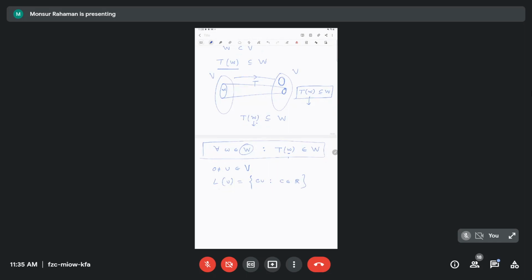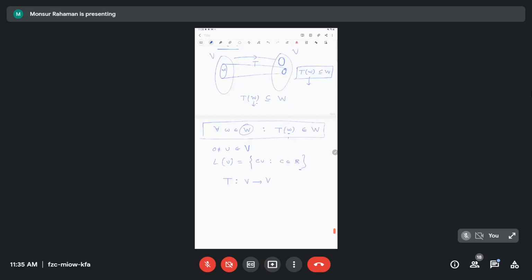So how can you check if this vector space is invariant or not? You know eigenvectors and eigenvalues. Eigenvalue और eigenvectors का definition में क्या होता है कि कोई भी एक vector, if you send it through T and it is a scalar multiple, then it will be an eigenvector, and this is the corresponding eigenvalue.